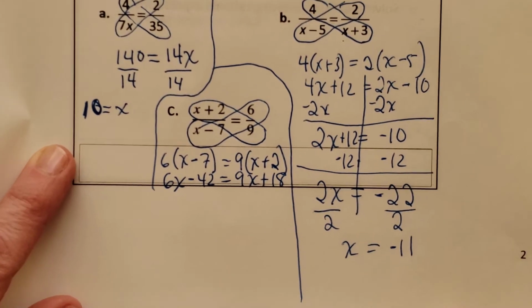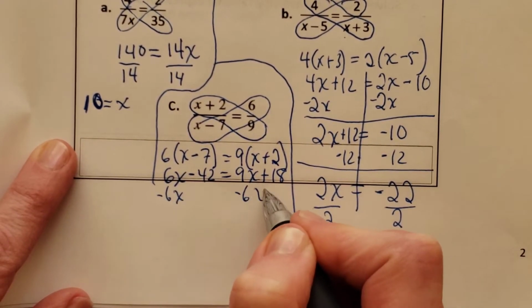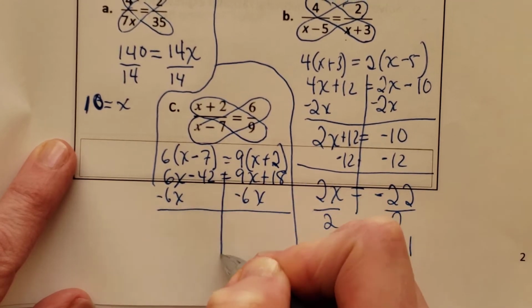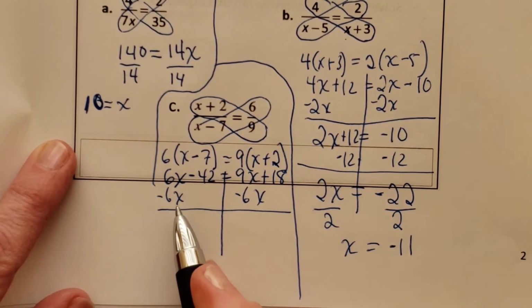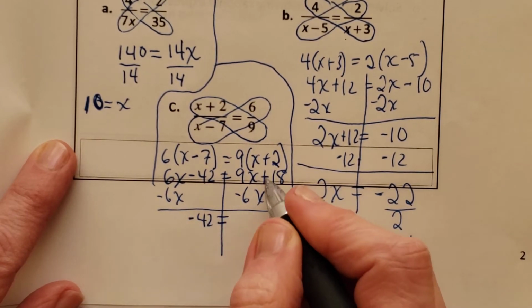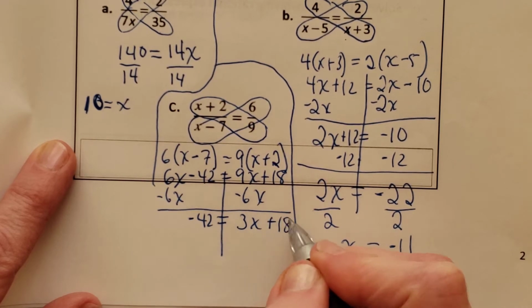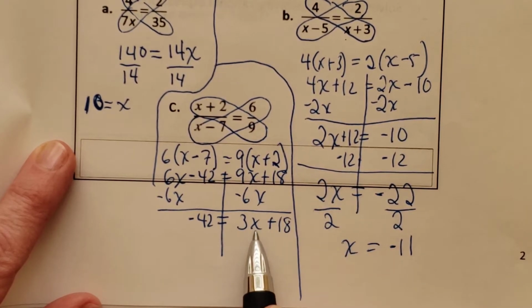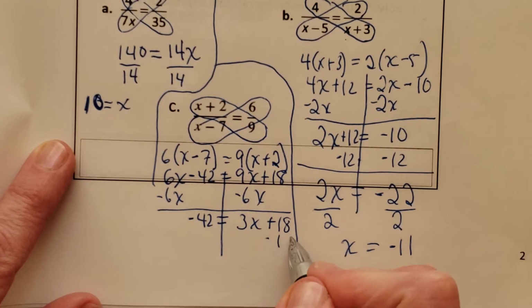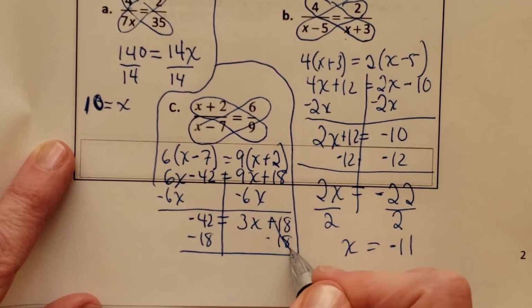We're going to get our x's together by subtracting the smallest one from both sides. So 6x minus 6x cancels. Bring down my negative 42. 9x minus 6x is 3x. I want this x by itself, so I'm going to subtract 18 from both sides. That's gone.